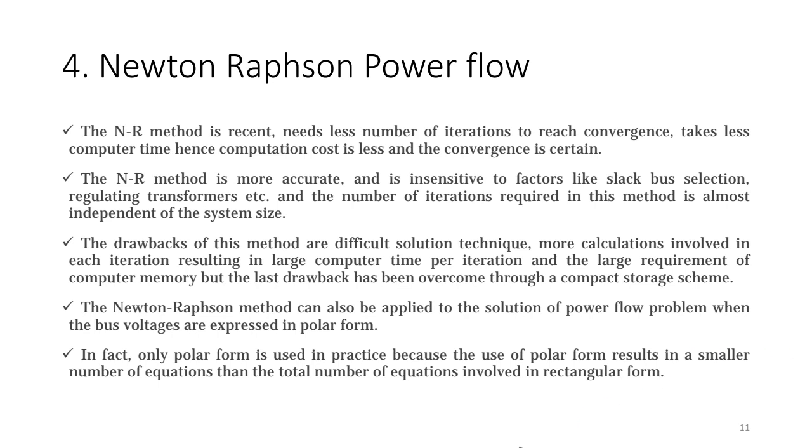Followed by that, some more theoretical notes are coming for the Newton-Raphson method. The first point is that the Newton-Raphson method needs fewer iterations to reach convergence, and it takes less computer time, hence the computation cost is less and convergence is certain. The Newton-Raphson method is also more accurate, and is insensitive to factors like slack bus selection, regulating transformers, etc. If you remember, last week when we were speaking about the Newton-Raphson method, the slack bus is not taken into account, whereas in Gauss-Seidel, the slack bus is taken into account.